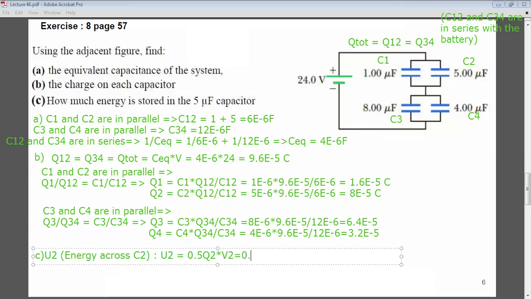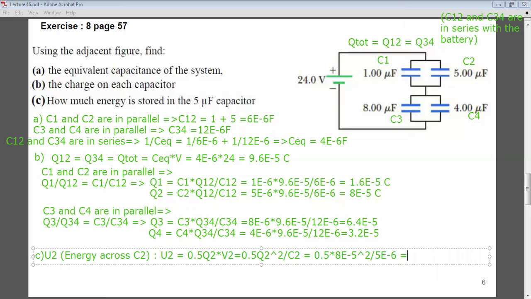Instead of V2, I will use Q2 divided by C2, which means this will be Q2 squared divided by C2. So this will be 0.5 times Q2, which is 8 e to the minus 5, squared, divided by C2, which is 5 e to the minus 6.